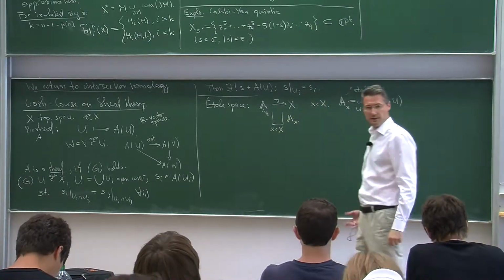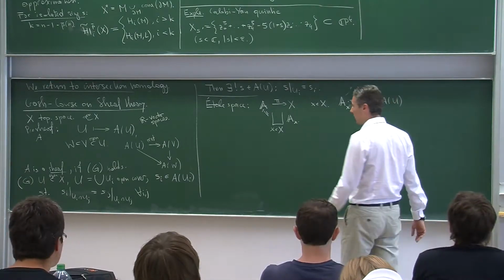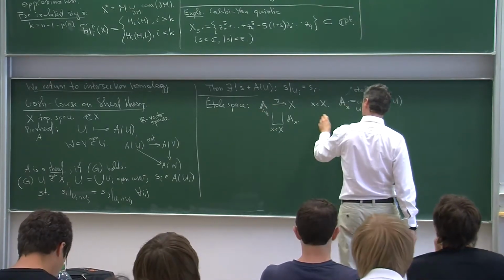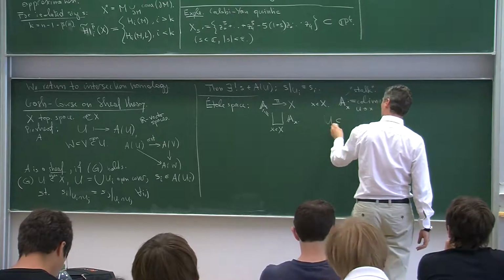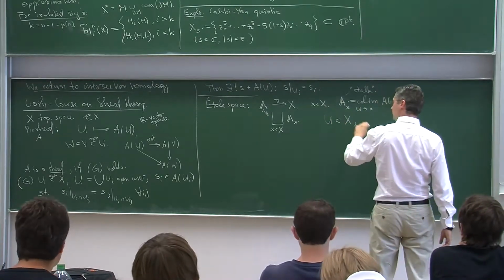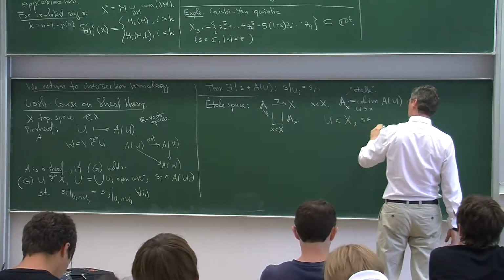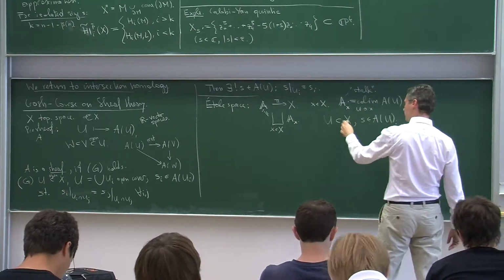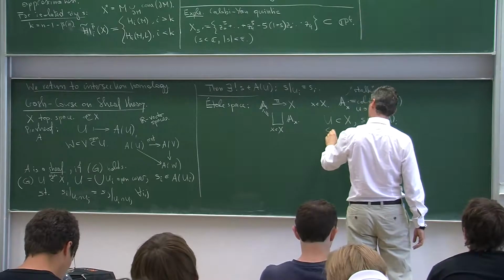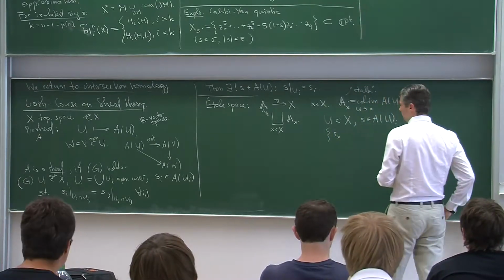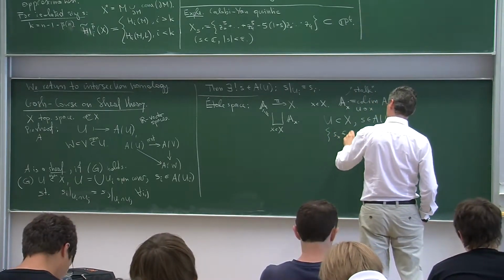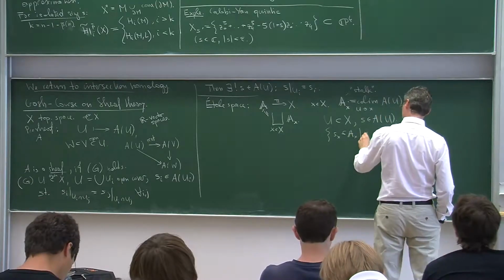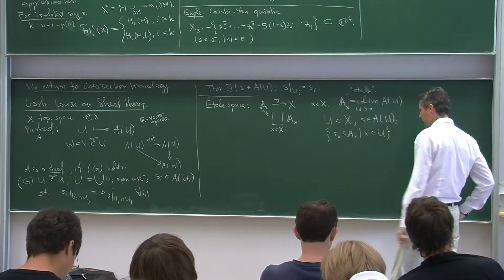But now this is just a set, so you need to topologize it. And how do you topologize the étale space? Well, you fix an open subset U in X and you also fix an element S in A(U). Then for any such choice, you consider the set S_x in A_x for x in U. In other words, what I mean is this.